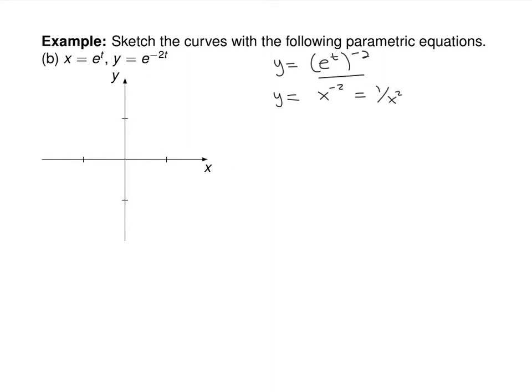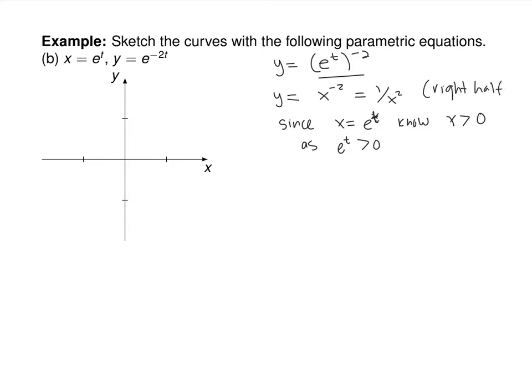But you've got to think about the restrictions. So since x is equal to e to the t, you know that x must be strictly bigger than 0, as e to the t is always bigger than 0.